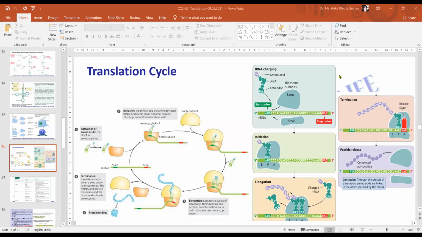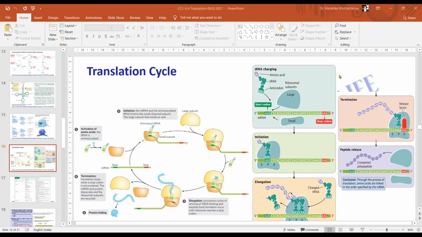Amino acids bound to tRNAs are inserted in the proper sequence due to, first, specific binding of each amino acid to its tRNA. Second, by specific base pairing between the mRNA codon and the tRNA anticodon. So we have learned this.